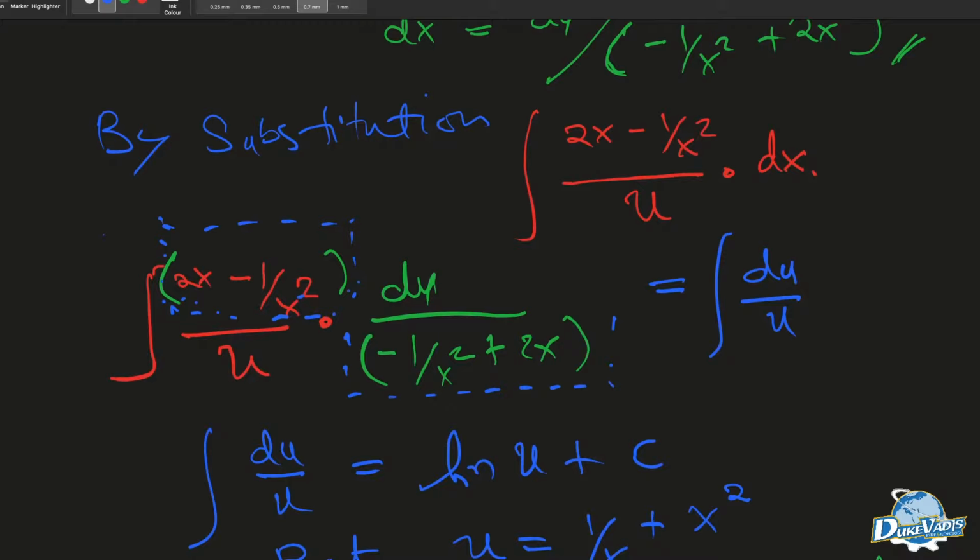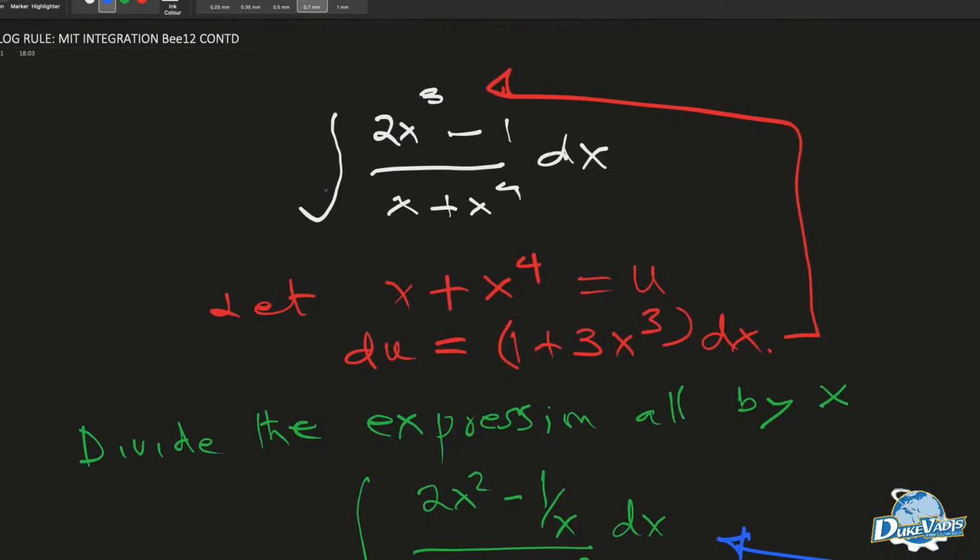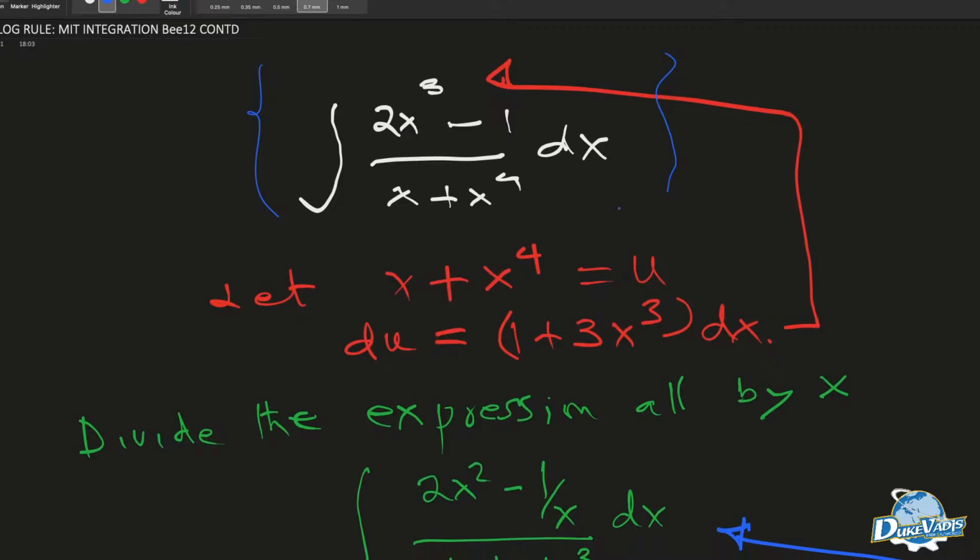Okay, so let's recap. As we looked through the equation, what we had was 2x cubed minus 1, dx. So we were thinking initially to use long division.